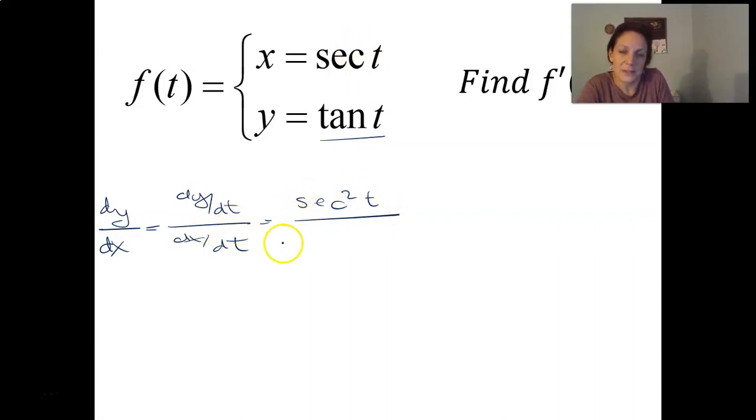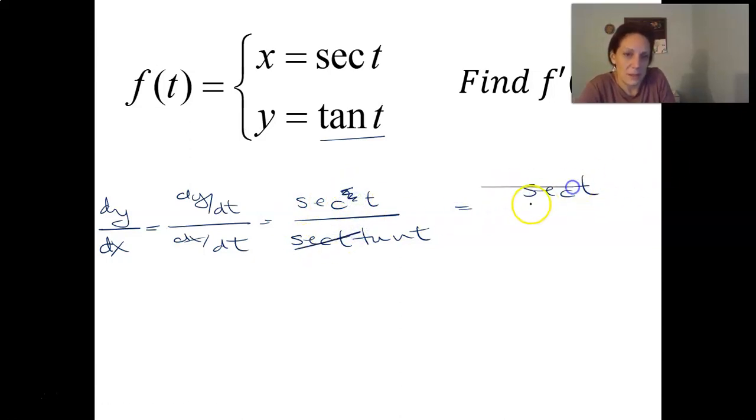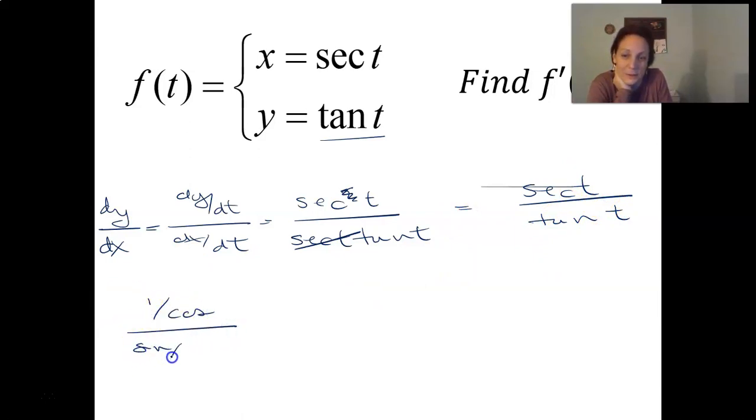And the derivative of my secant is secant t tangent t. And this simplifies a little bit. One of these secants cancels with this secant, and you end up with secant t over tangent t. And actually, secant is 1 over cosine, and tangent is sine over cosine, so this turns out to be 1 over sine, also known as cosecant.